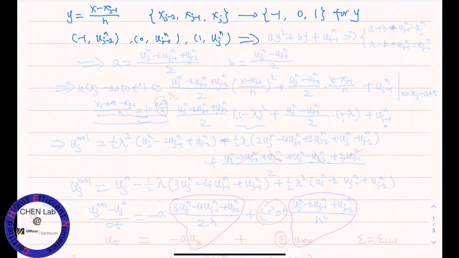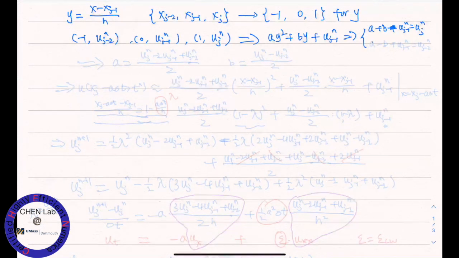So the quadratic function would be then a y squared plus b y plus c. We know when y is 0, you should get uj minus 1 n, so that's c. And then you plug in y is 1, you get a plus b plus uj minus 1 n is equal to uj n.